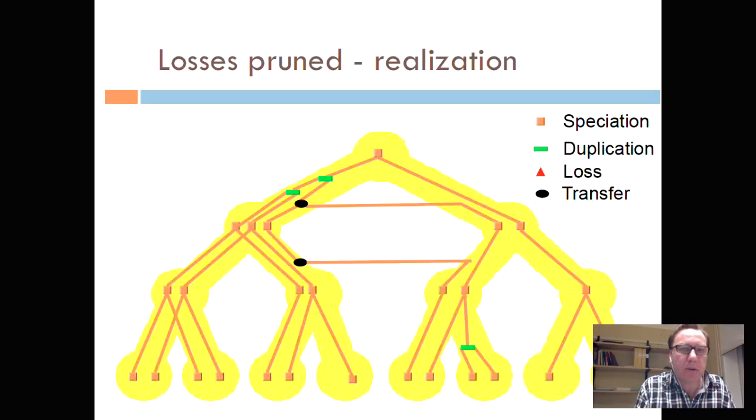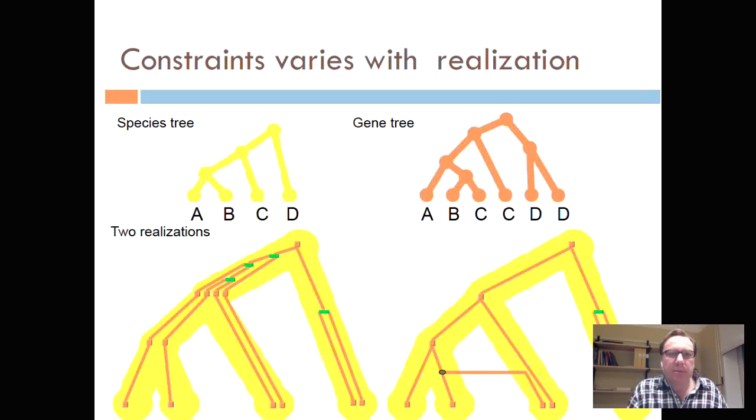And all the vertices of the gene tree have times associated with them. And it's clear that if we would use for a species tree like the one here in yellow and the gene tree like the one on the right here, if we would use this realization to the left, or if we would use this realization to the right, those two realizations would give completely different constraints to the sequence evolution, right?